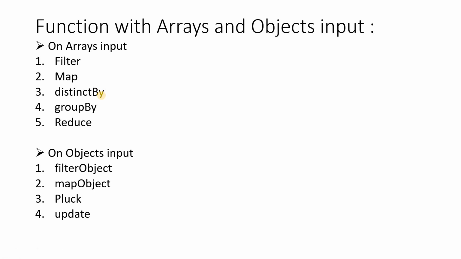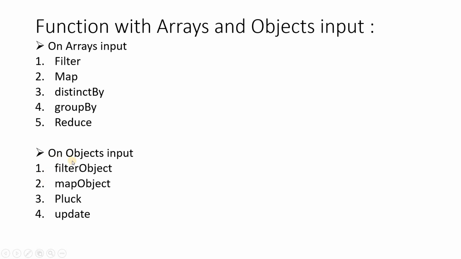GroupBy lets us group the records by some unique value or some data and group those values together. So this is the groupBy function. And the fifth one is the reduce function. Reduce we can use on array input, and we can also use it to convert an array to an object.